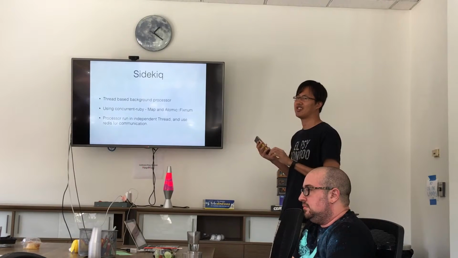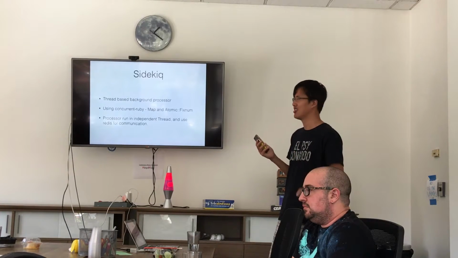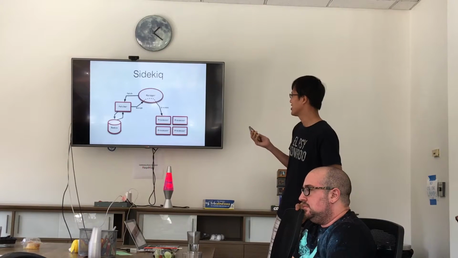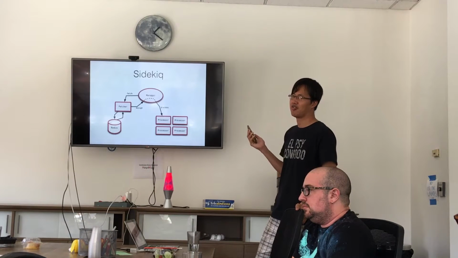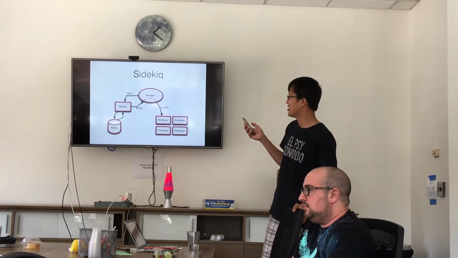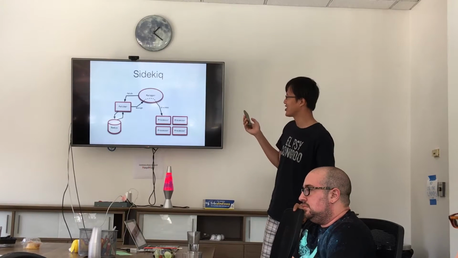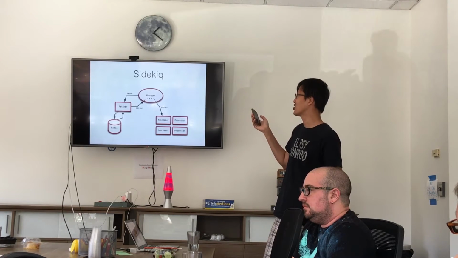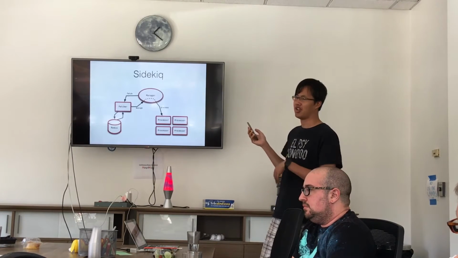In that case, they won't have any race condition. This is the basic Sidekiq structure: every processor is in its own thread, getting jobs from the fetcher, which gets things from Redis, and there's a manager in charge of passing jobs to the processors.